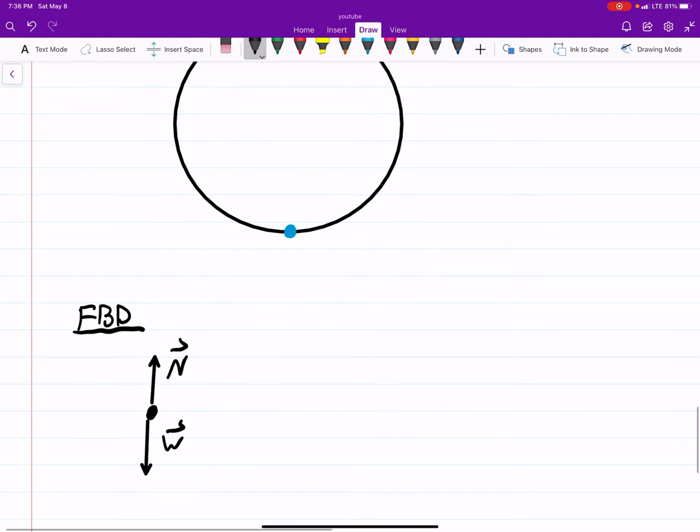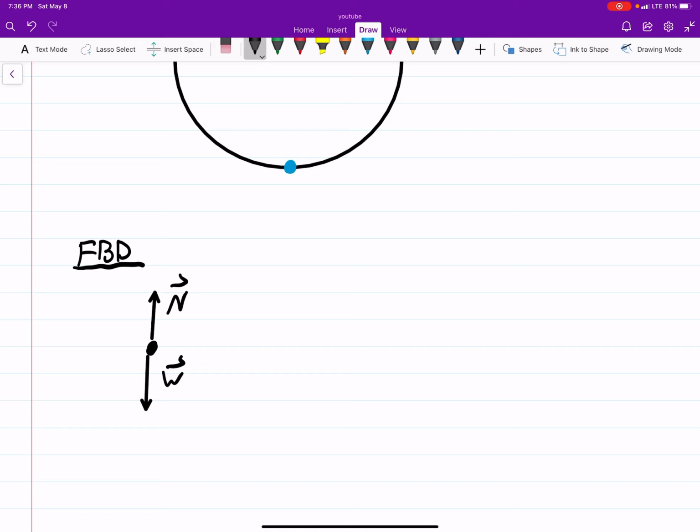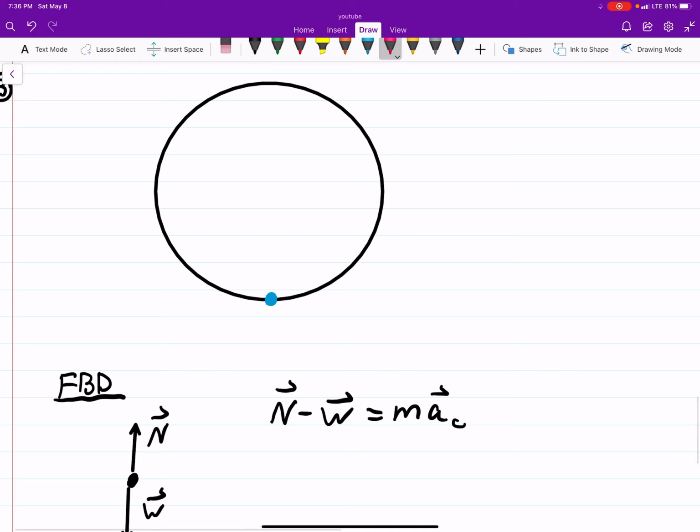So if we set this up right, then the normal force minus the weight force is equal to m a centripetal. At this point, your centripetal acceleration is going to point towards the center. That's what the centripetal acceleration is. It's always center seeking.